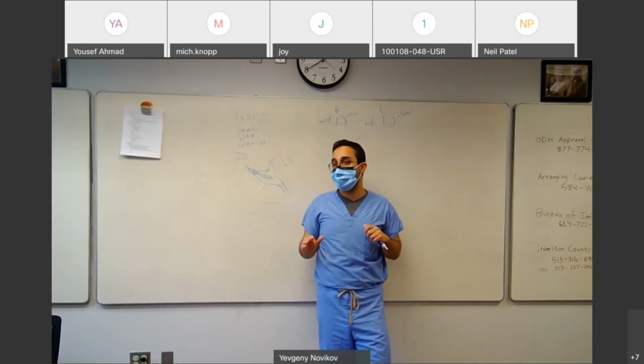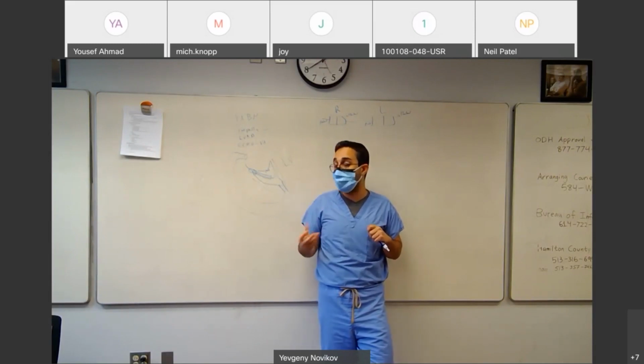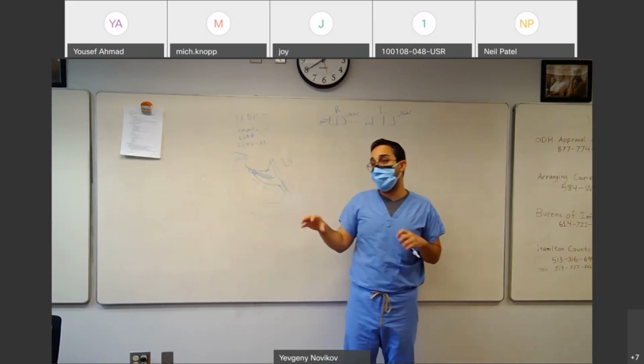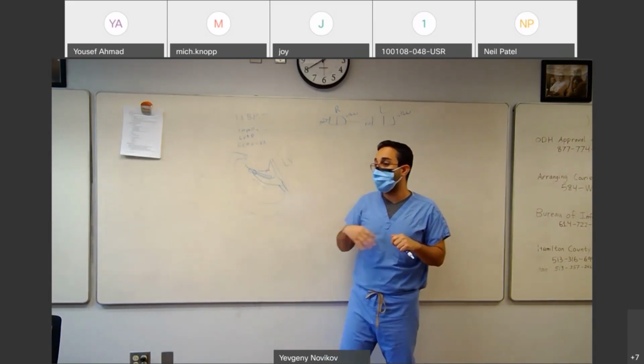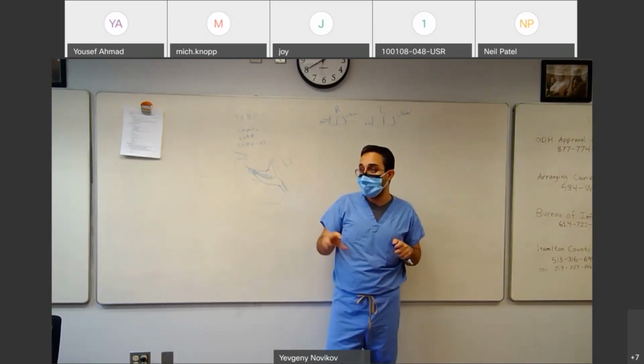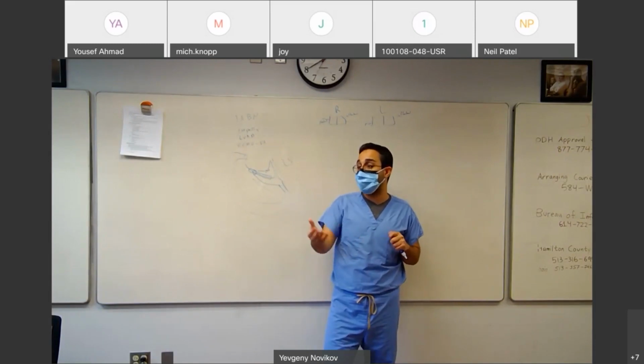And if it's fixed, that RV is seeing that pressure on top of it, no matter what. So if you open up this whole preload by making the left side pump efficiently, that's all going to get there and possibly back up and cause further RV failure.